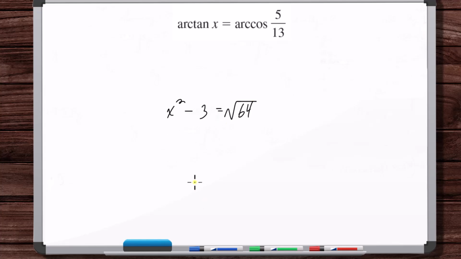If you were given this equation, how would you solve it? Well, you wouldn't say this. That's not correct, right? As it sits, this is just 8. Then you add 3 to both sides, and that would be the answer, right?